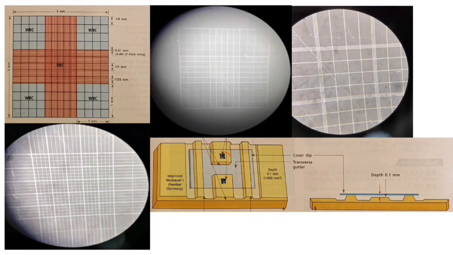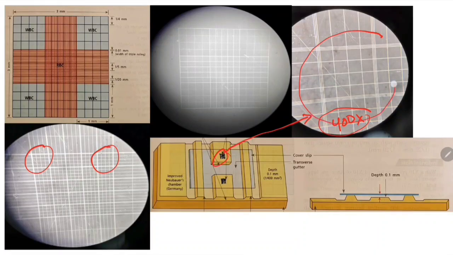And let's see how these 5 boxes will look. So we are going to focus, this is the 40x. When magnified to 400x, total magnification will be 400x. This one area, or any one area, will look like this. Understood? Here we can see the lining: 1, 2 and 3 lining we have. Here we have 1, 2, 3, 1, 2, 3.